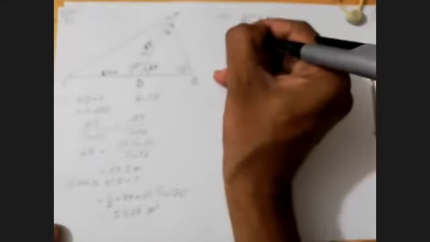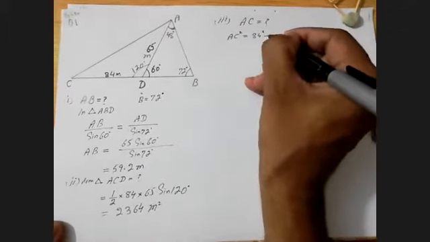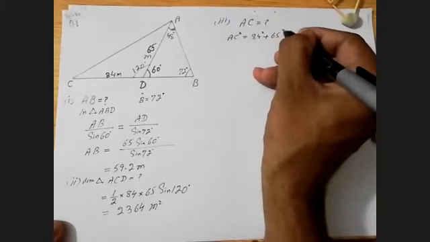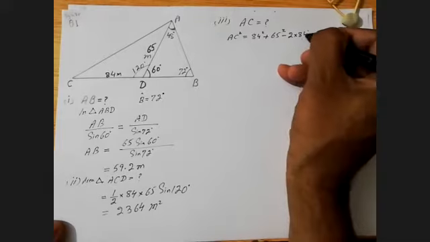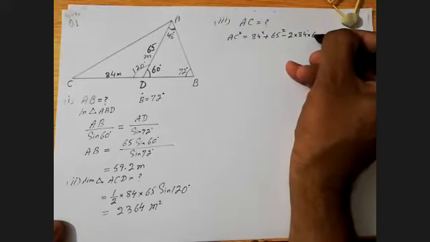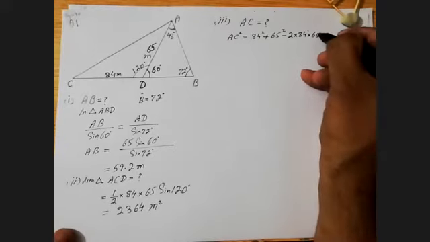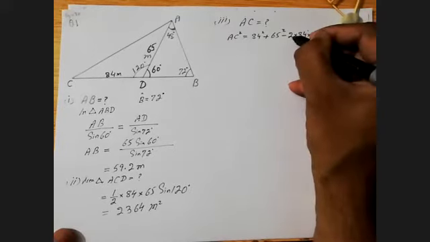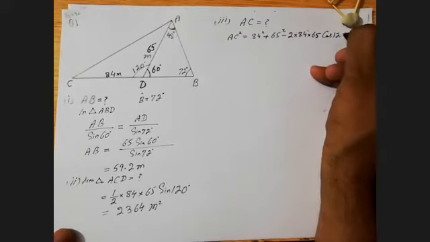So you can apply AC square is equal to 84 square plus 65 square minus 2 into 84 into 65. Remember this 2, because a few students don't know that in this formula 2 is applied, and cos 120 degrees.